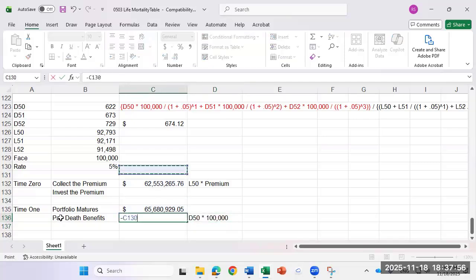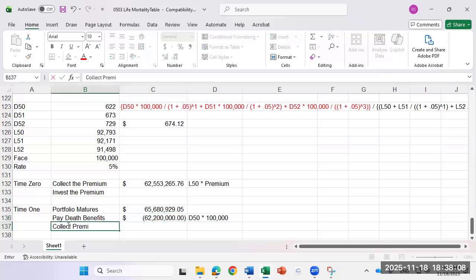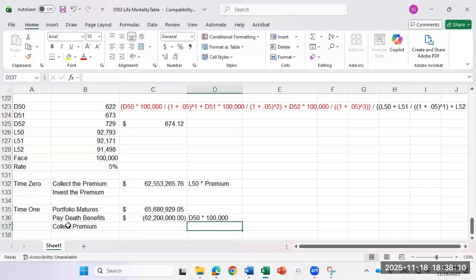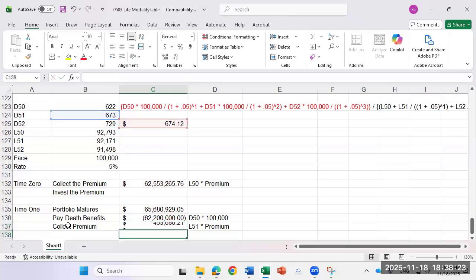So we're going to pay D50 times $100,000. We're going to pay out 62,600, and then we're going to collect a premium, L51s times the premium. So we're going to collect L51 times 674.20.